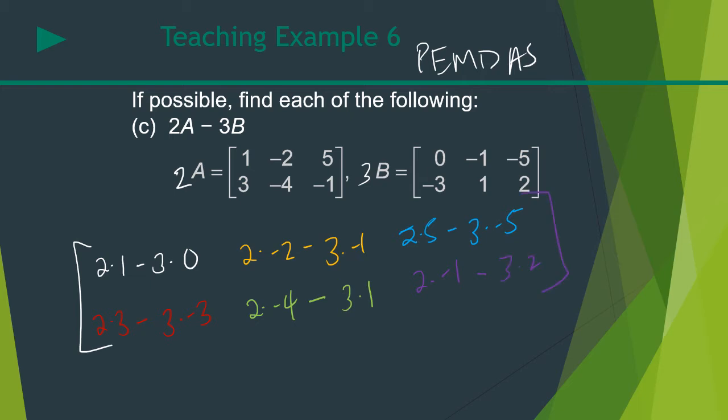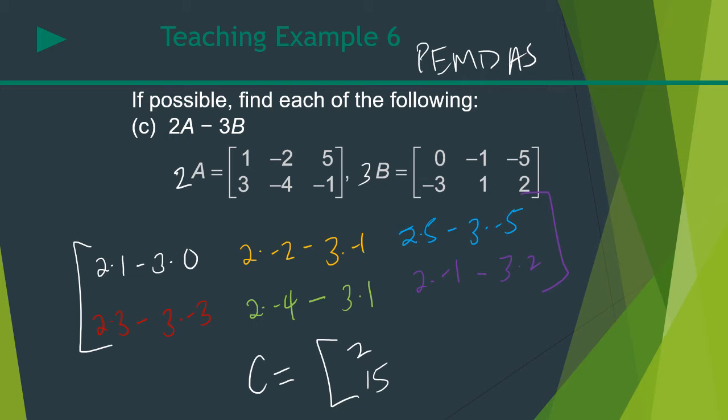And now I'm going to do the math and find my C. 2 times 1 is 2, minus 0 is 2. 6 plus 9 is going to give me 15. Negative 4 minus negative 3 gives me negative 7. Negative 8, it's plus 3.